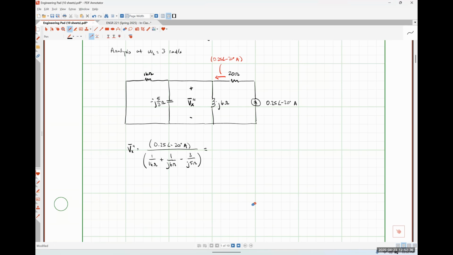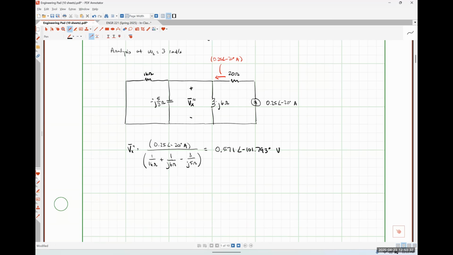So I'm going to throw this into my calculator: 0.25 with an angle of negative 20, divided by 1/16 plus 1/6i minus 3/5i, is equal to 0.571 with an angle of negative 101.793 degrees volts.